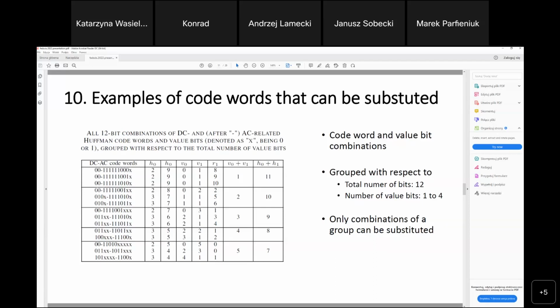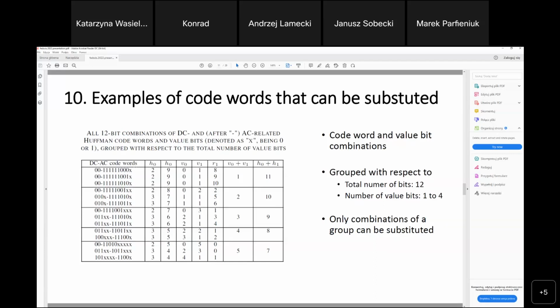The second category consists of combinations in which 10 bits are related to Huffman code words and 2 bits are related to value bits. And so on.